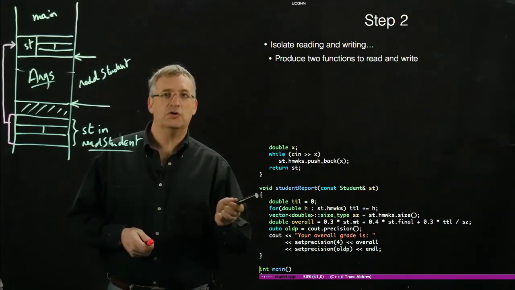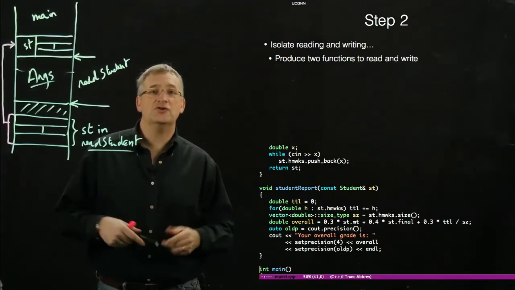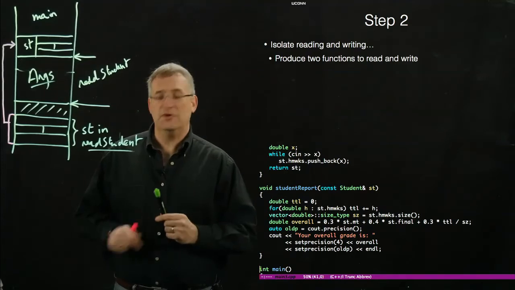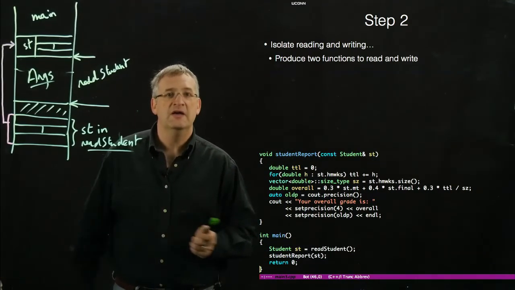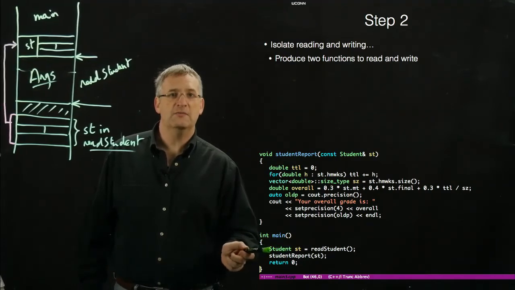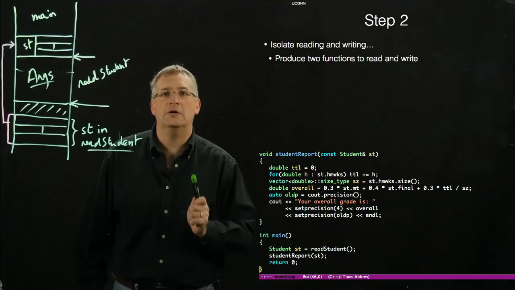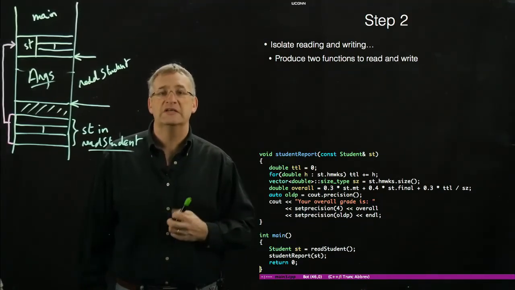Once again, a very short function, so I'm getting to have modular code now, right? Every function holds in a single Emacs screen. This is much better. But something that's important, remember what we said when we saw main, which I'm going to put on the screen at the same time, is that the student we get from read student, when we print the report should be a read-only operation on the student. It's not supposed to modify the grade or do anything silly like that.